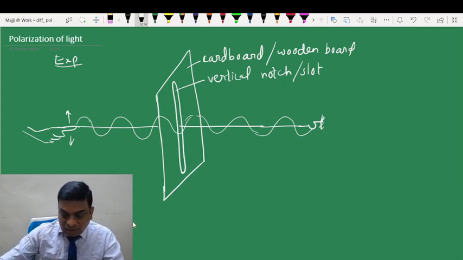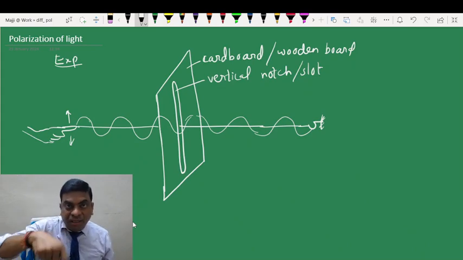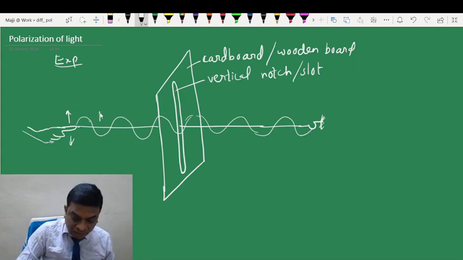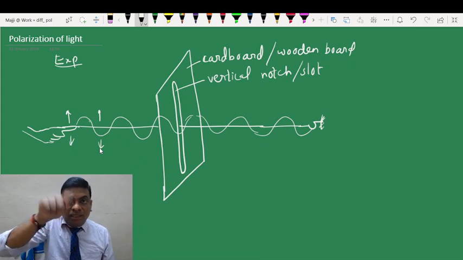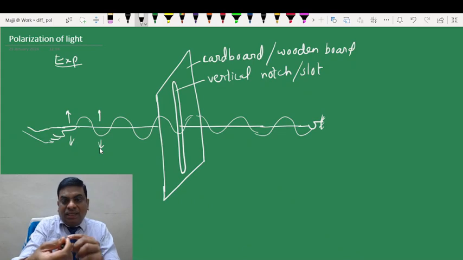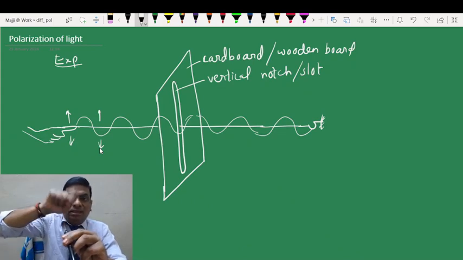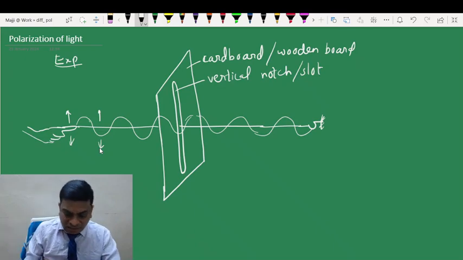Now imagine, students, that the person is shaking the string perpendicular to the length in all possible directions. That is, he is shaking like this, horizontally, inclined, everywhere. The string is like this, and he is shaking perpendicular to the length of the string in all possible directions.